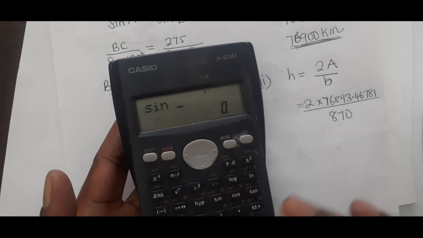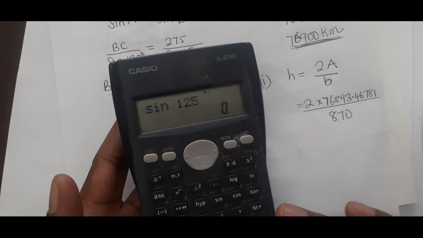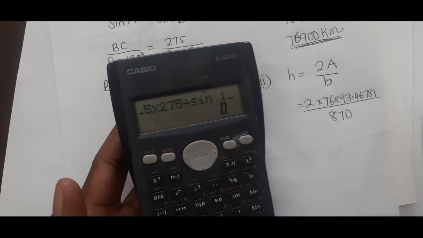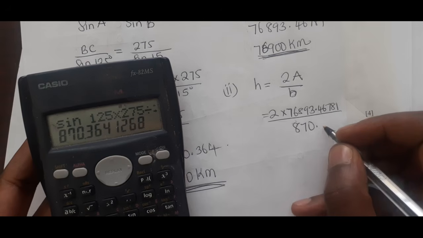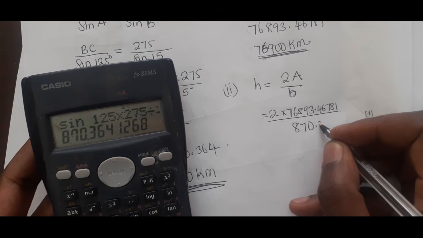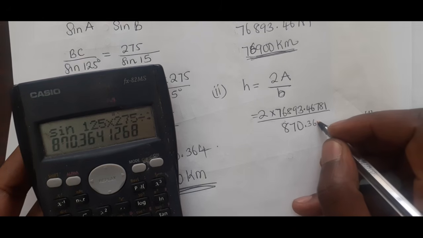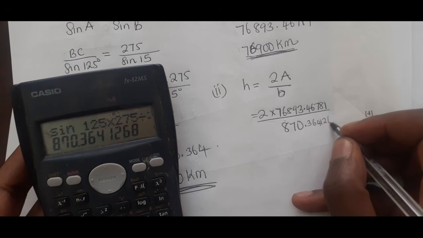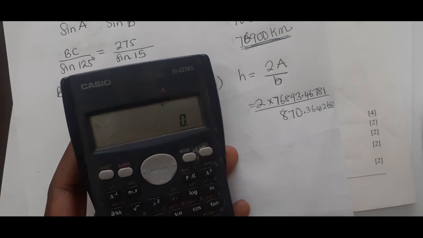So we said sine 1 2 multiplied by 275 divided by sine 115. So this is supposed to be 364.126 8. But I will use these ones after, so we can now do it.